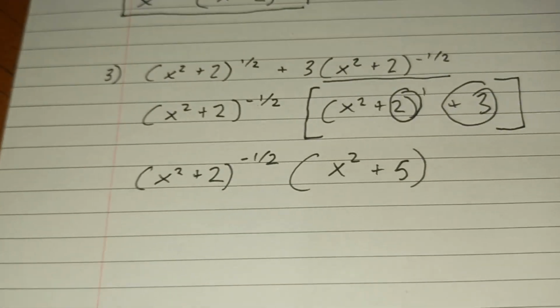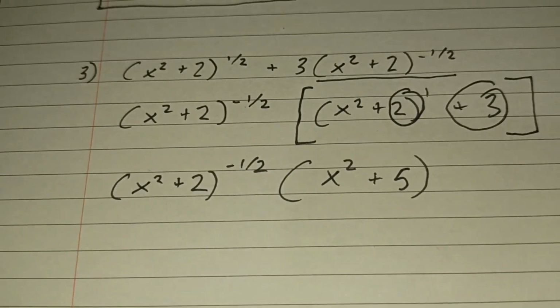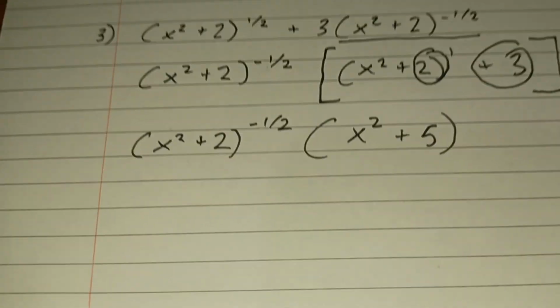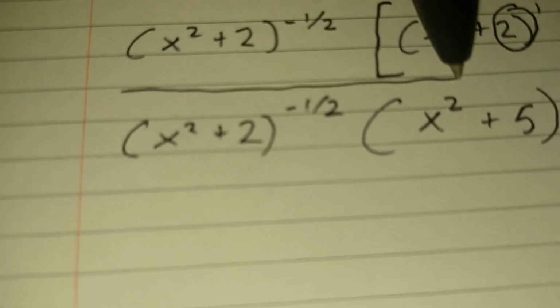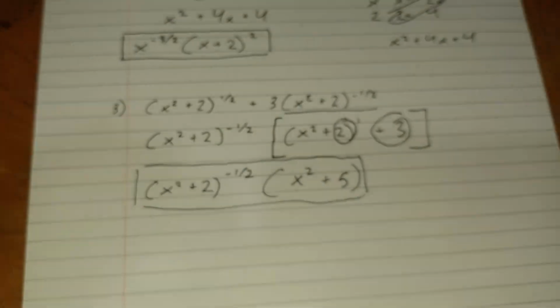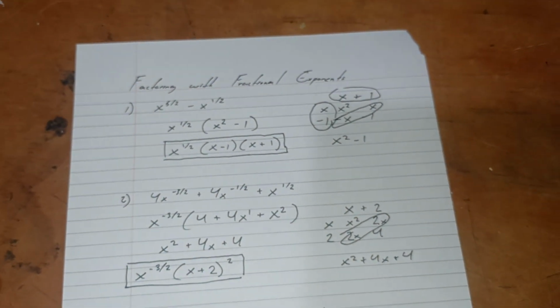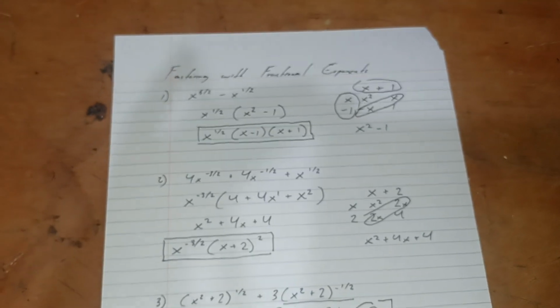So check your work: x squared plus 2 to the negative 1/2 times x squared plus 5. And that is how you factor number 3. So yeah, that's pretty much it. That is factoring with fractional exponents.